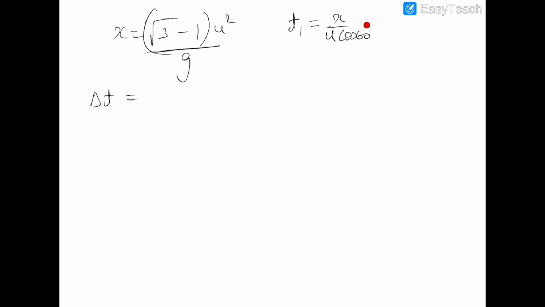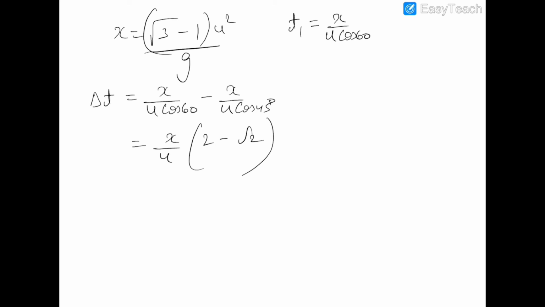On the bigger value of theta, cos theta will be lower and therefore time would be higher. So delta t would be equal to x upon u cos 60 minus x upon u cos 45. So x upon u is common, it would be 2 minus root 2. So x is equal to root 3 minus 1 into u by g, cancelling u with u, this is root 2 minus root 2.